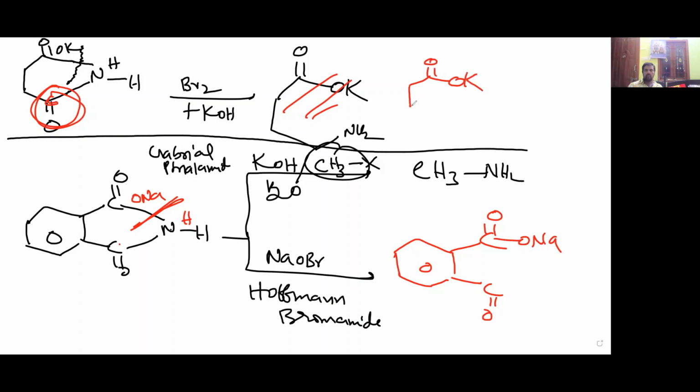CO, ONa, like this. Here, what is missing? One C double bond O is missed. Then you are going to get it like this. This is where the C double bond O is missed. So NH2 is connecting like this. Okay. Is it clear? I hope it is clear. Let me take some more examples and applications related to this.